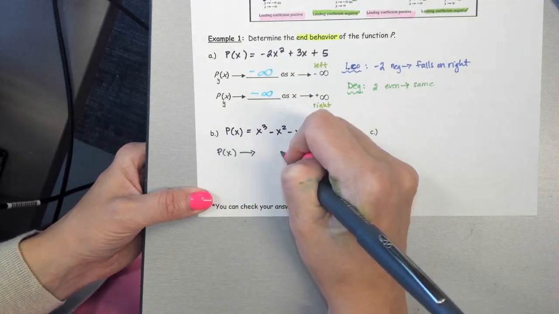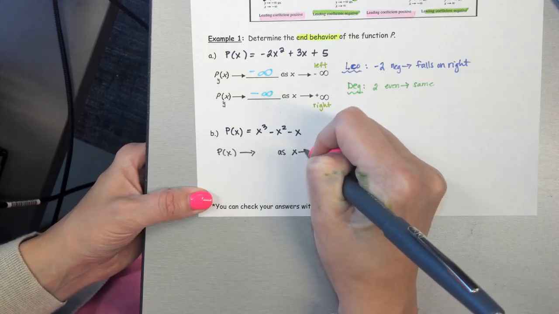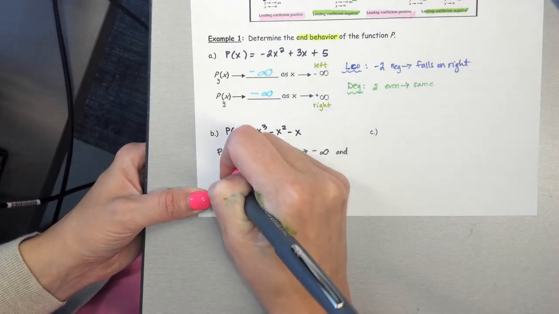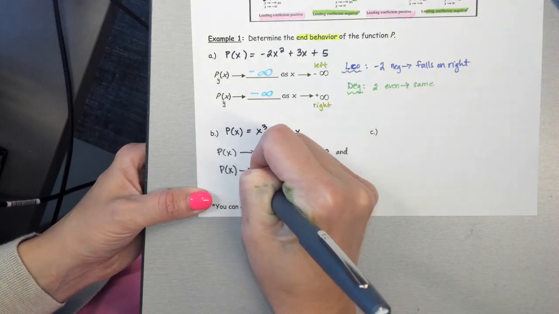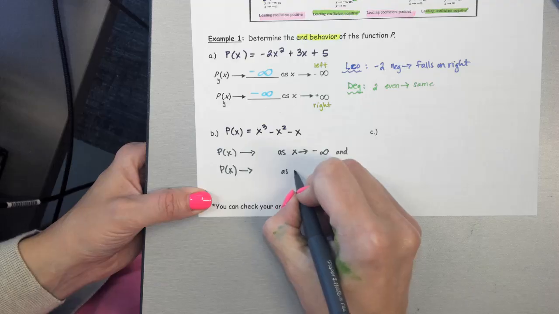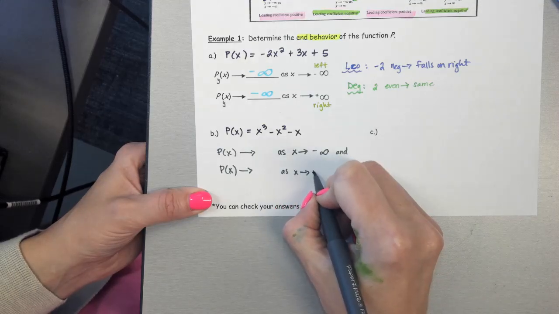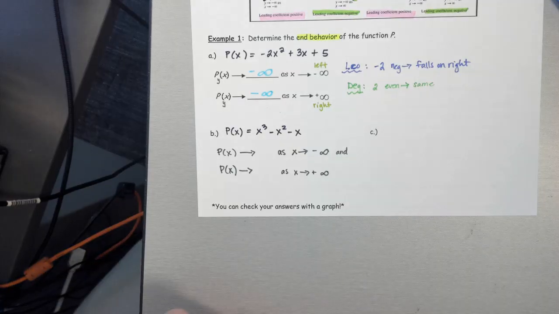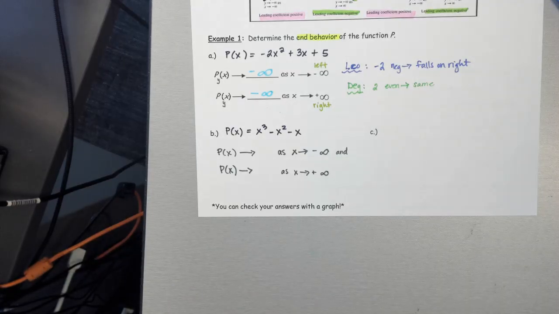Where is the graph going as x approaches negative infinity? And where is the graph going as x approaches positive infinity? Either way is fine, you can just write infinity instead of positive.